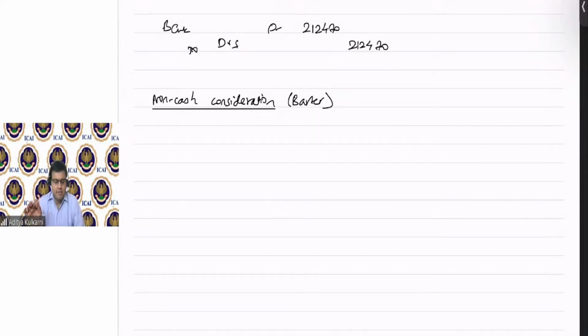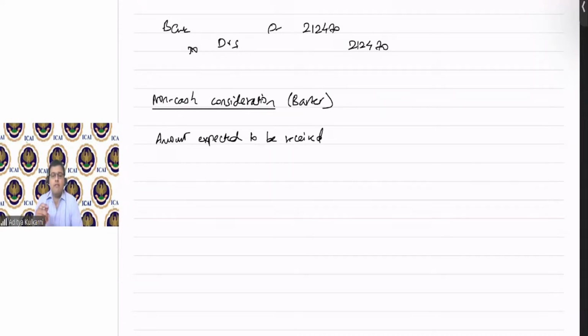So the standard is very clear. You are going to recognize the revenue based on expected value of consideration to be received. What is the basis for revenue recognition? Revenue shall be recognized as amount expected to be received.